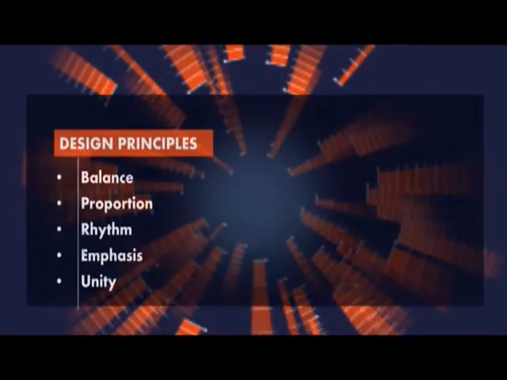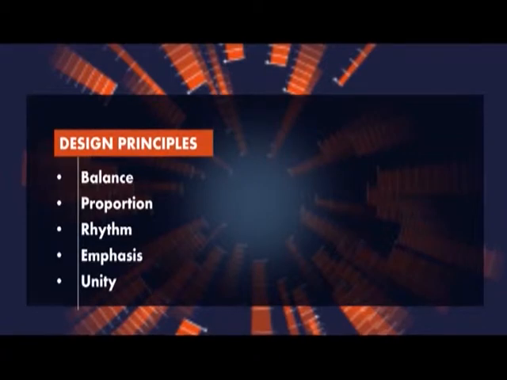Having discussed the elements of design, we proceed to discuss the principles. These are concepts used to organize or arrange the structural elements of design. The principles are balance, proportion, rhythm, emphasis, and unity.